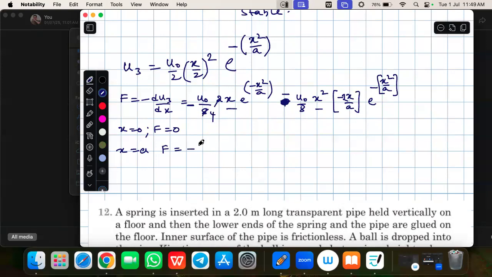This will become minus a u naught by 4. Put x is equal to a, e power minus a. Minus of minus is plus. u naught, oh wait, here a 4 comes, again u naught by 4 comes, this power minus, it goes cleanly to 0. I am not saying anything.